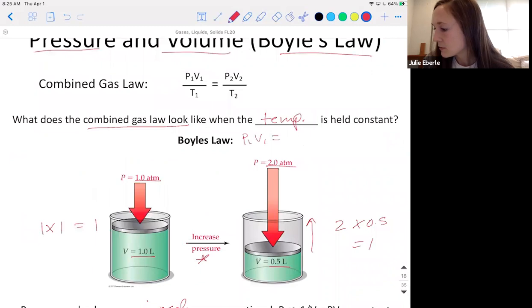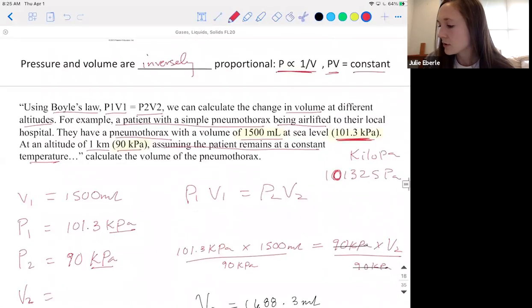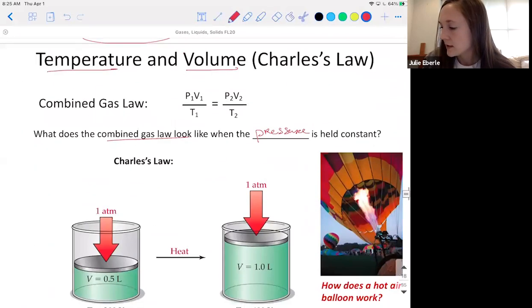P1 V1 equals P2 V2. Sorry, I meant to write that in. Okay, so Charles' law then, if you take out pressure, whatever you hold constant, you just throw it out of the equation. So what we're left with is V1 over T1 equals V2 over T2.